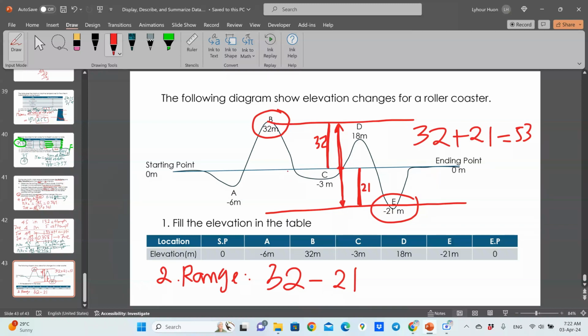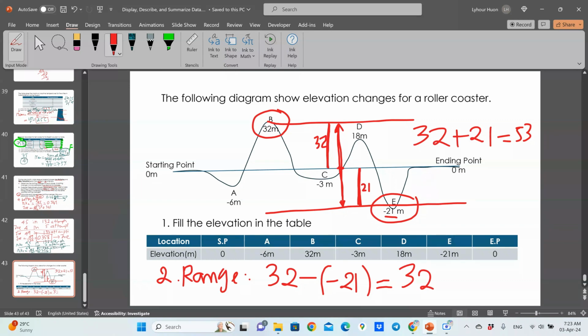But mathematically, do we add, because 21 is a negative number? Okay, so mathematically, the range is the highest value subtract the smallest value. The smallest value, we put it in negative numbers. So always subtract, but this value still remains negative, right? So then it's equal to 32.